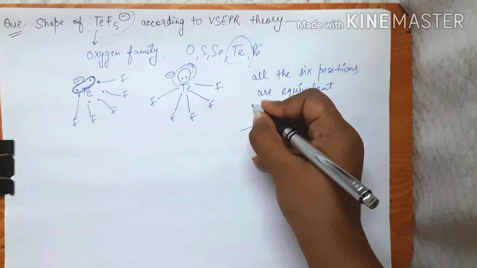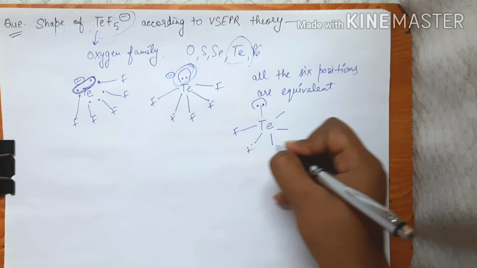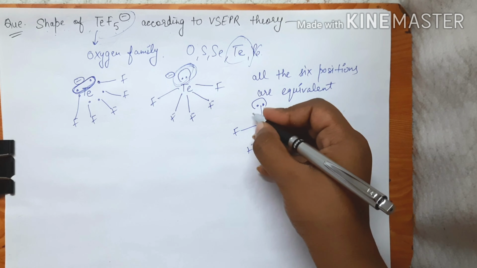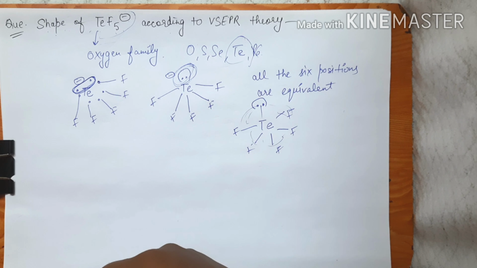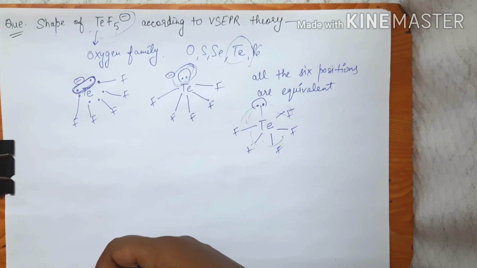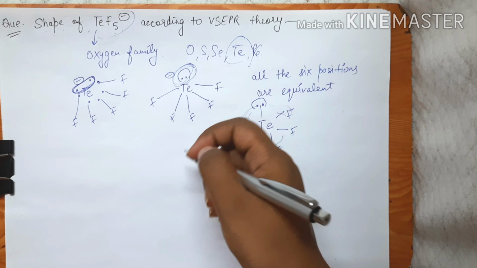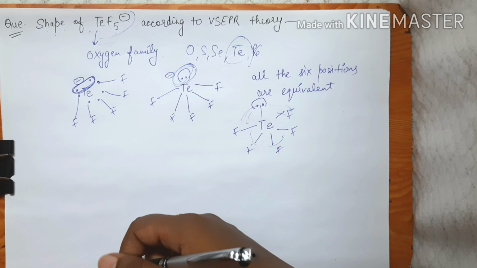It continuously changes its position, because all the 6 positions are equivalent. So due to this, it has a square pyramidal shape.